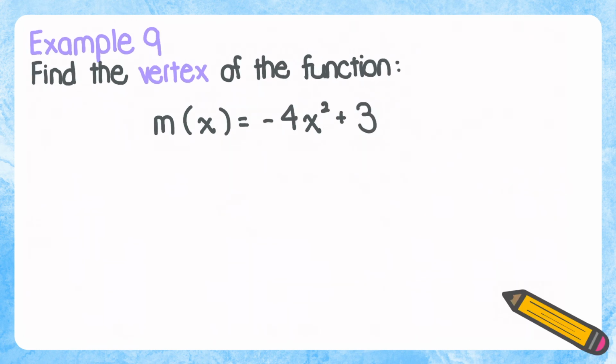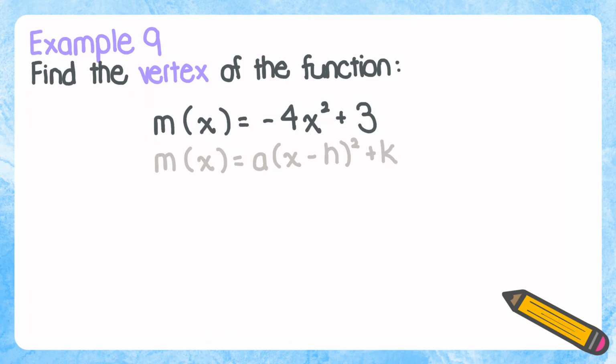Yay! Let's do one more example together. Let's find the vertex of m of x equals negative 4x squared plus 3. The general vertex form is m of x equals a times x minus h quantity squared plus k.